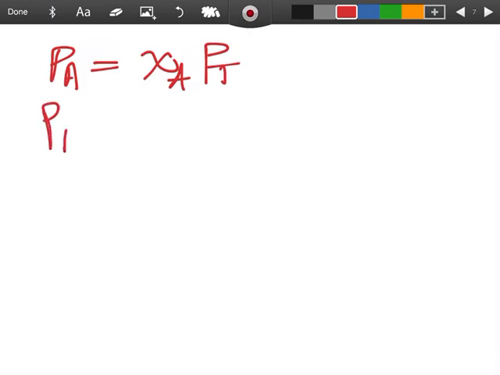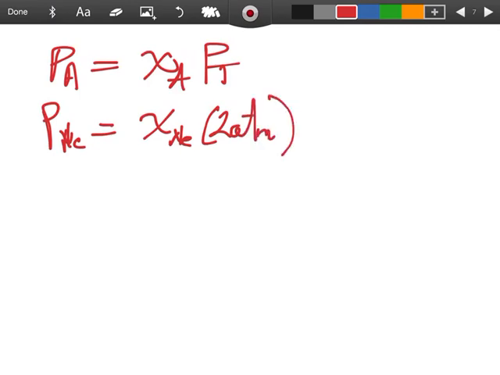For example, P of neon is going to be the same as X of neon times 2 atmospheres, because that is the total pressure of the system. What are we only missing? X of neon, which is pretty simple to obtain.